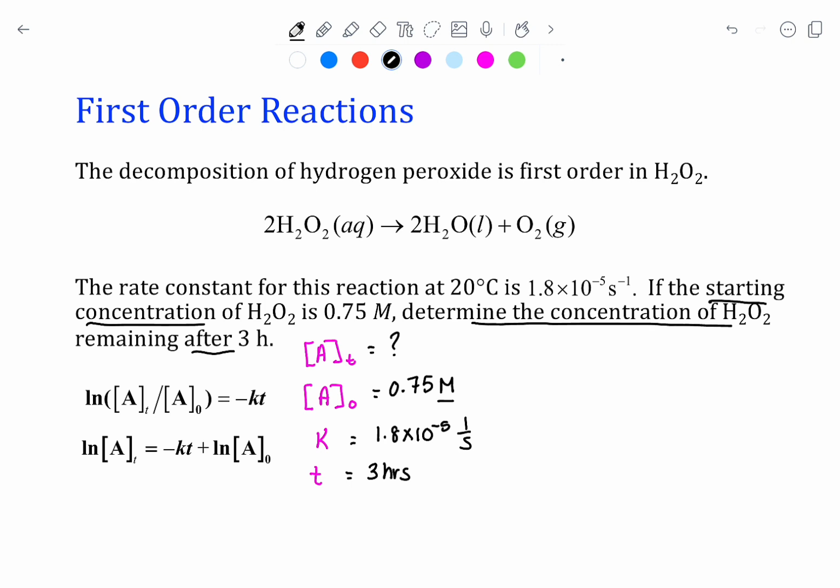So let's convert this 3 hours to seconds. We know that in 1 hour, there are 60 minutes, and in 1 minute, there are 60 seconds. So let's grab our calculators so we can start solving this problem.